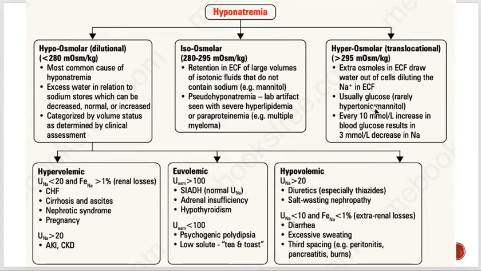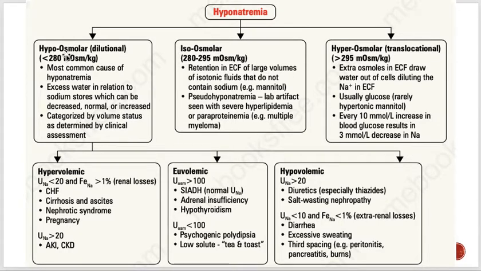Because the glucose is too much in there, it is drawing too much water, and the water is causing a dilution effect, and we are getting hyponatremia. This is important. For every 10 millimole per liter increase in blood glucose, there is a 3 millimole per liter decrease in sodium. So it can occur in conditions like diabetes, diabetic ketoacidosis or diabetic coma, hyperosmolar state.